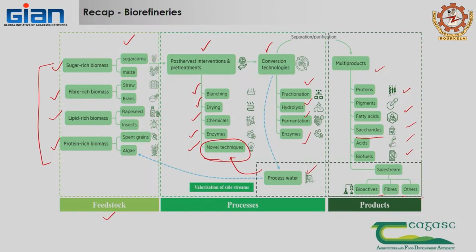This is the crux of your biorefinery and how you can achieve circularity at different stages. This is what we have discussed so far. This is the blueprint which we discussed in the first lecture, and we are just bringing in different processes and ingredients. Isolating any of the processes or steps becomes quite difficult, so some of the examples will be repeated so that you can draw your own conclusions and your own links.